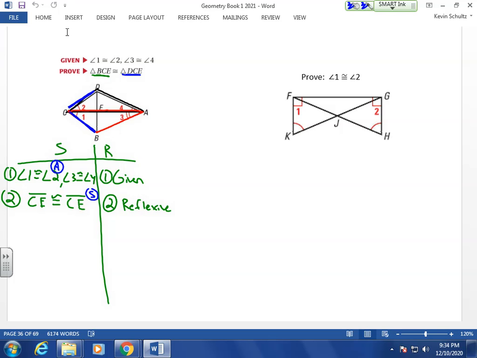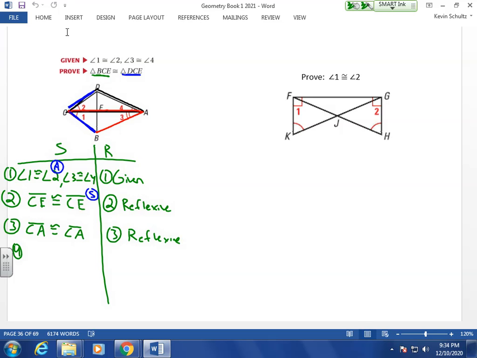CA is a shared side. So my third step, I'm going to say that side CA is congruent to side CA because of the reflexive. And that actually gives me my third part for that top and bottom triangle.